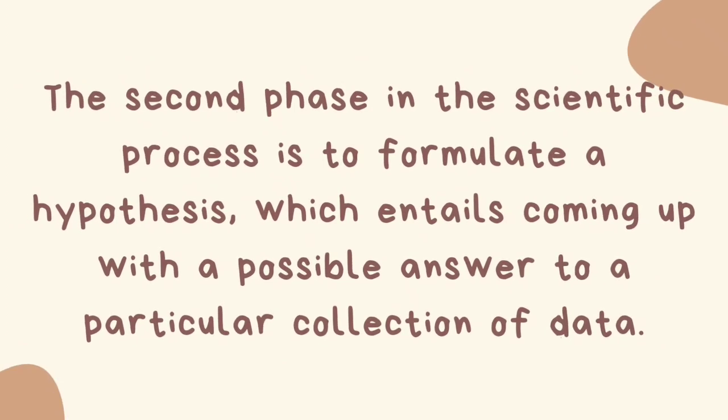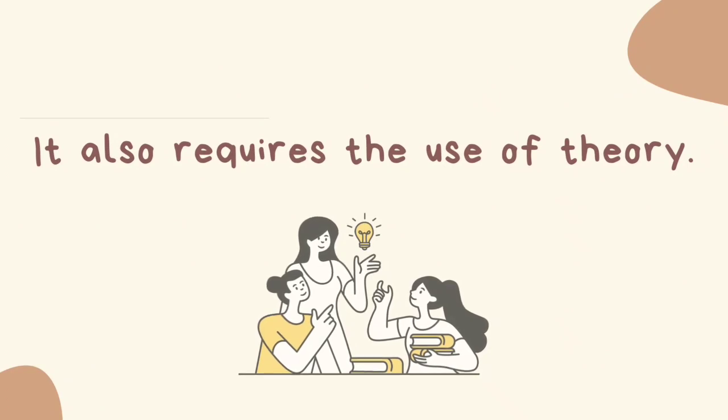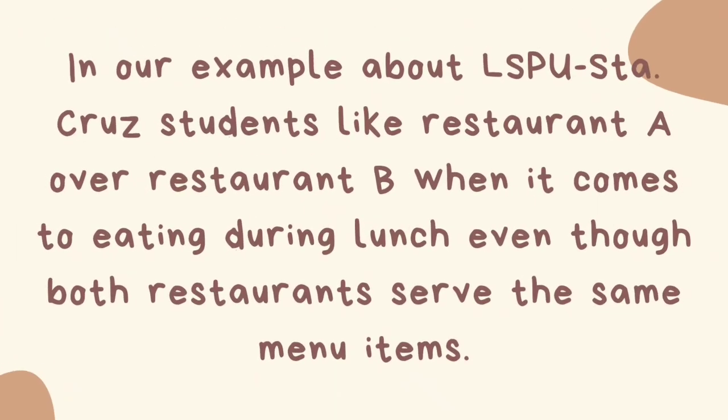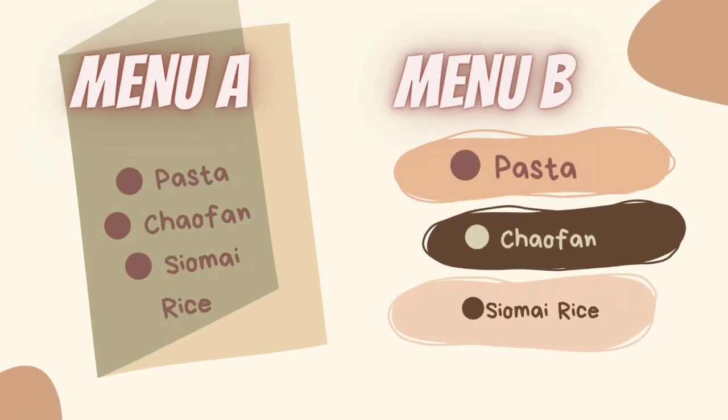The second phase in the scientific process is to formulate a hypothesis, which entails coming up with a possible answer to a particular collection of data. It also requires the use of theory. In our example, LSPU Santa Cruz students like Restaurant A over Restaurant B when it comes to eating during lunch, even though both restaurants serve the same items.